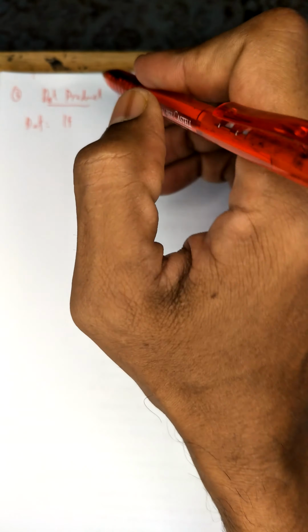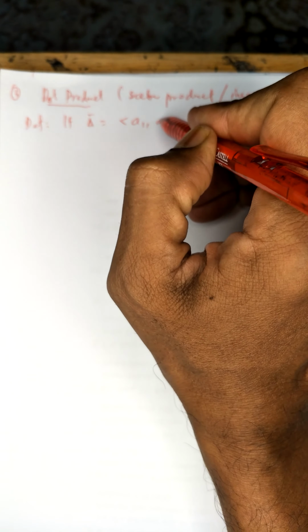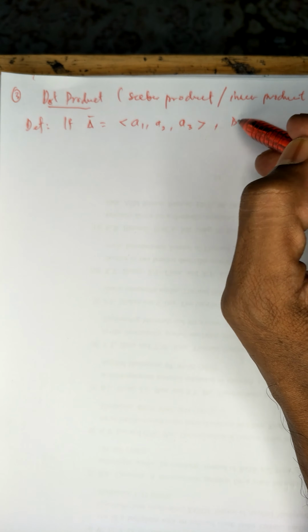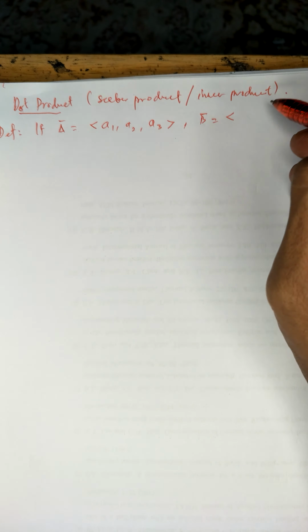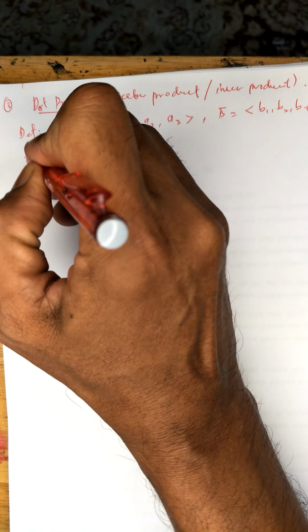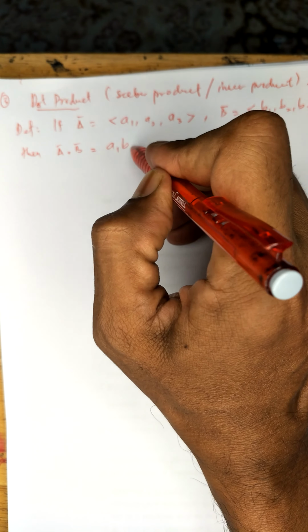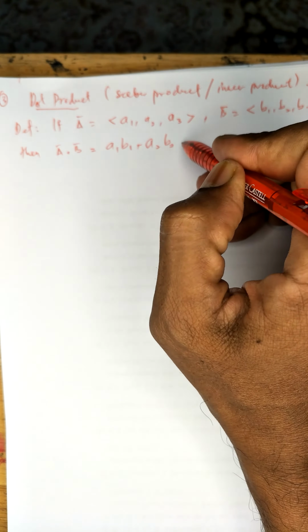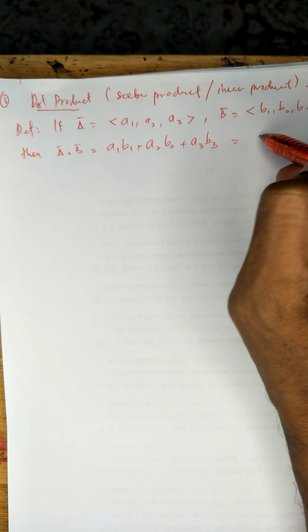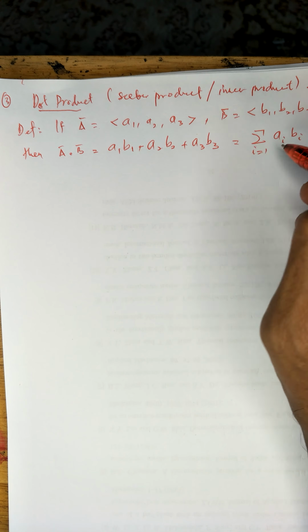Definition: if we have a vector A with components A1, A2, A3, and you can expand it up to n if you want, and B with components B1, B2, B3, then A dot B we define as A1 B1 plus A2 B2 plus A3 B3, or you can also write this as a summation of Ai Bi for i from 1 to 3.